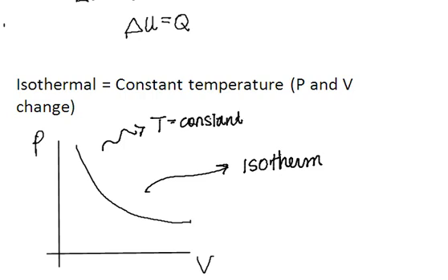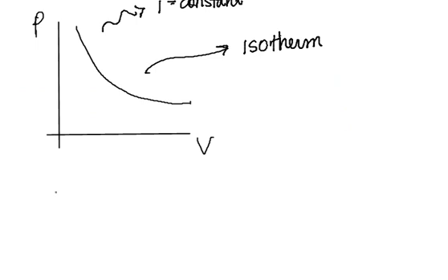So tell me, let's look at the first law of thermodynamics, and that is delta U. The change in internal energy is equal to the thermal energy added to or removed from the gas plus the work done on the gas. So what about delta U?